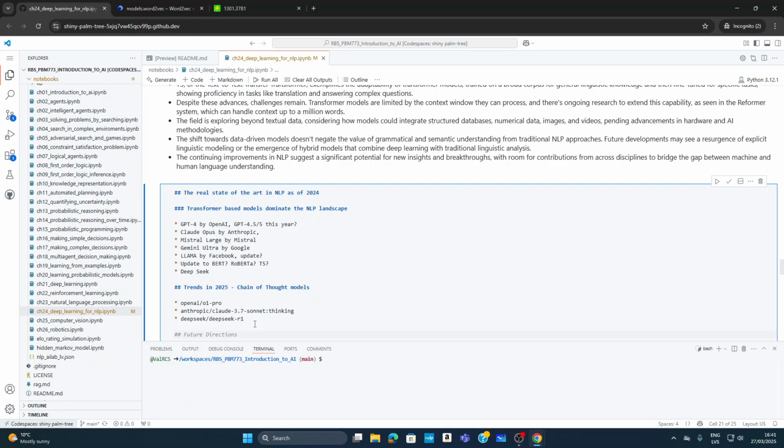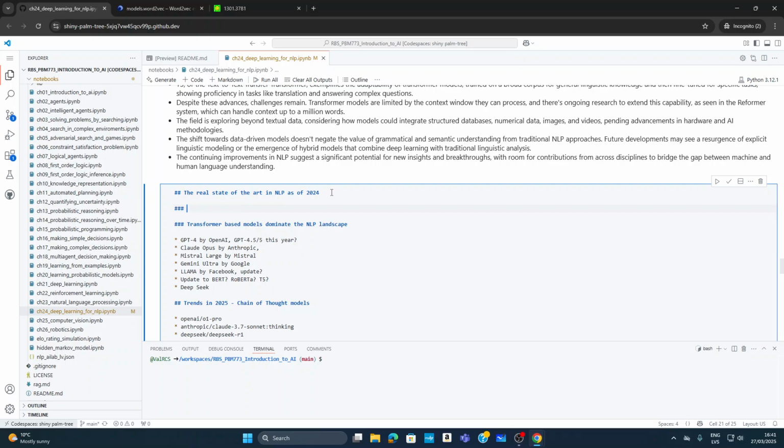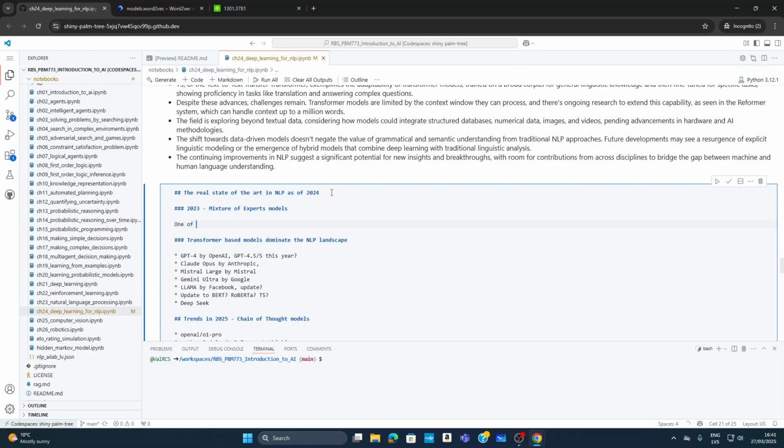So, also, previous, right? Mixture of experts models. One of the ideas.